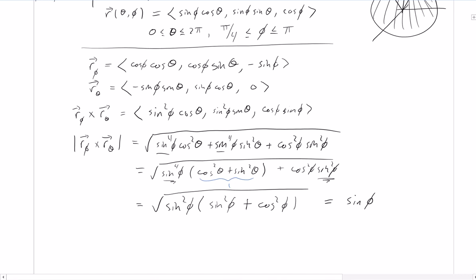Technically, it should be the absolute value of sine phi, but phi is always between 0 and pi, so it's always positive anyway, and we don't need the absolute value signs.